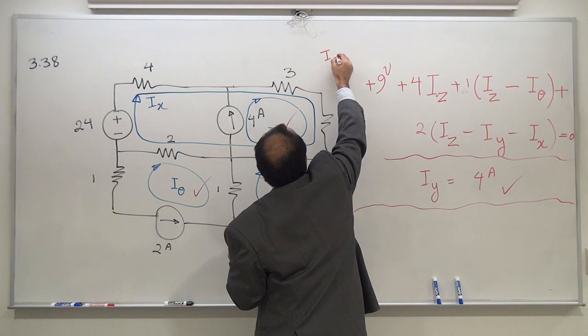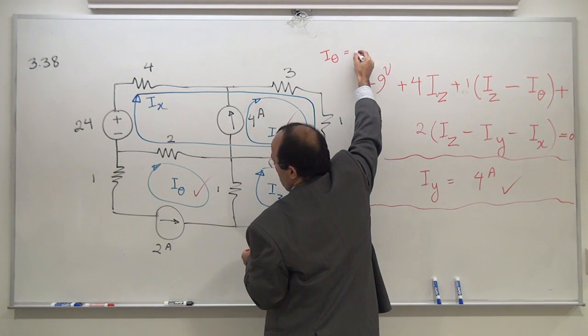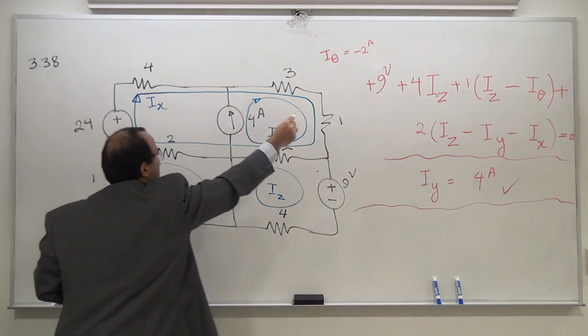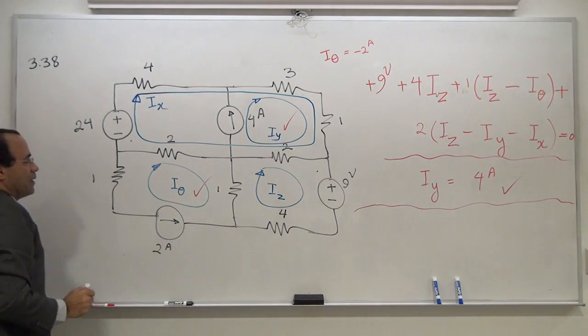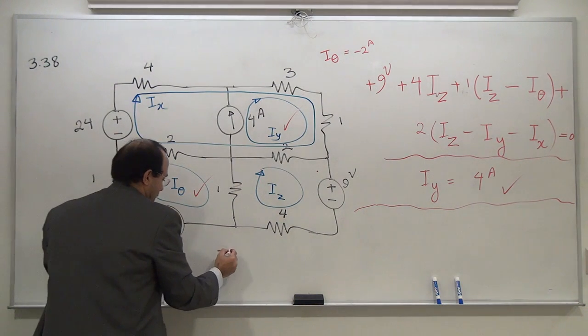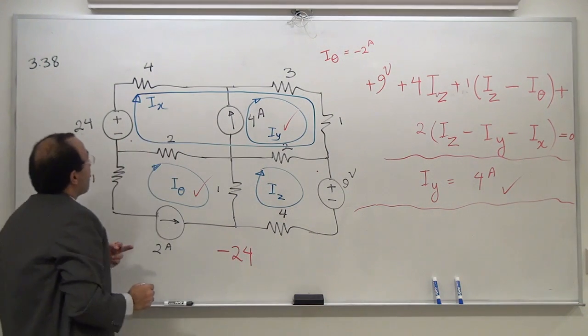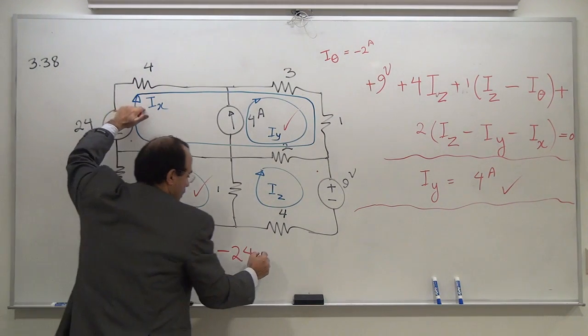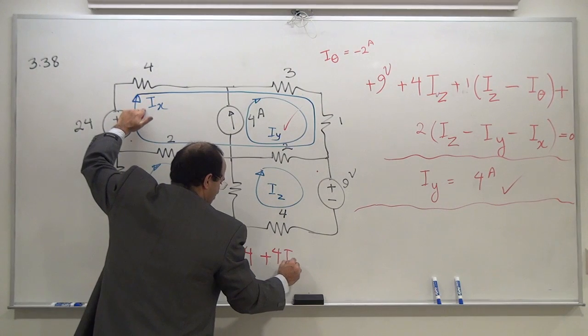It's going to be I theta is equal to, it was minus 2m. So I write it down. So I want to write the big one. I start from here. The head of the arrow hits the minus polarity first. Then it continues. 4 and Ix are the only things that communicate and mix up.